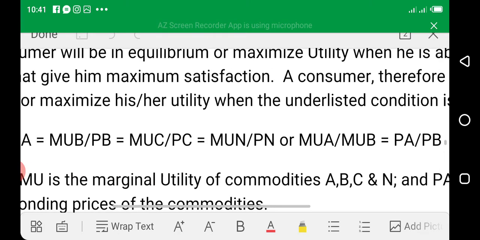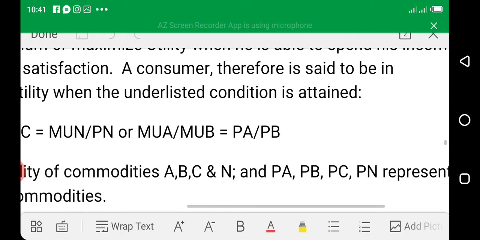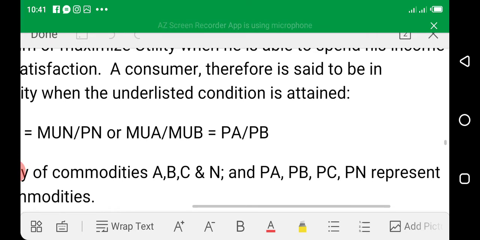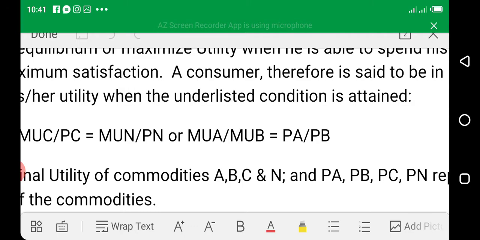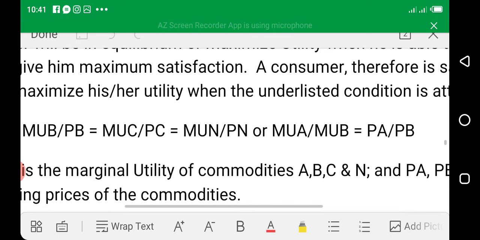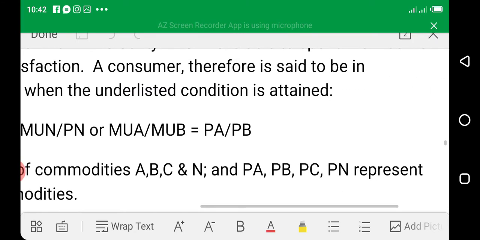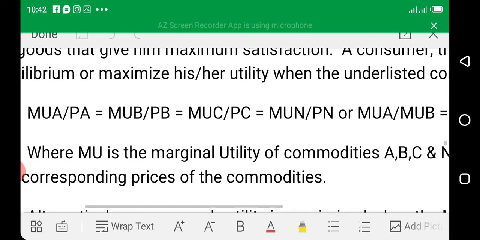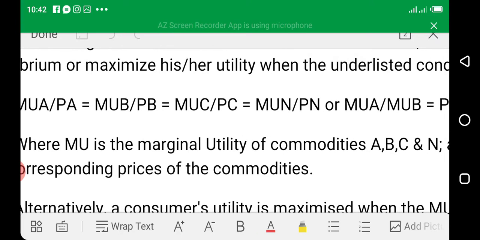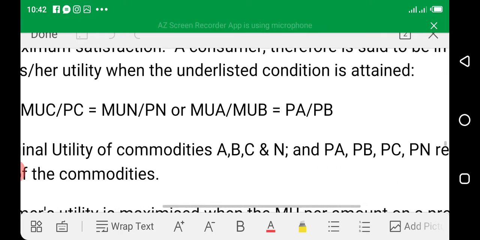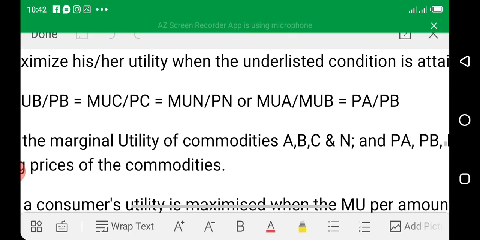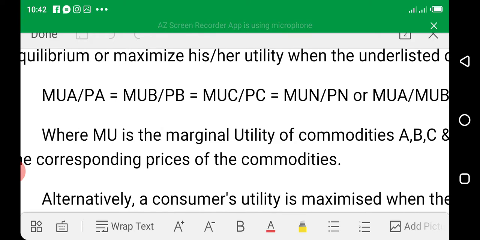A consumer is said to be in equilibrium or maximizes his or her utility when the underlisted condition is attained. What now are those conditions? 1.